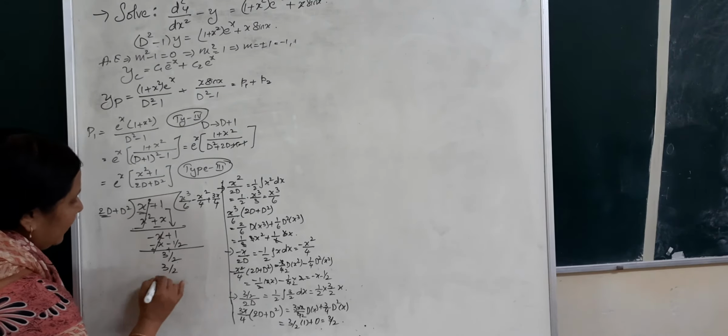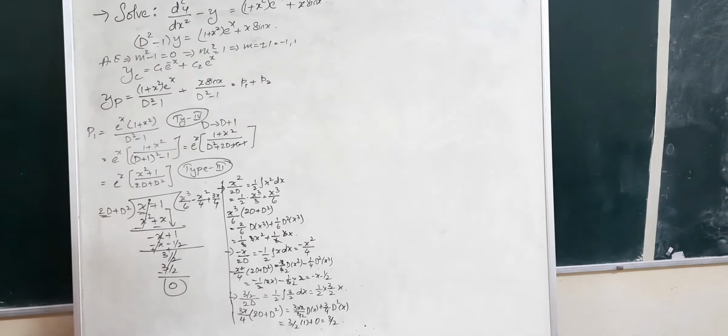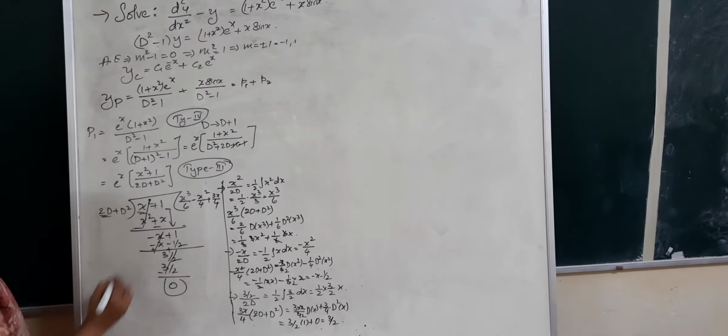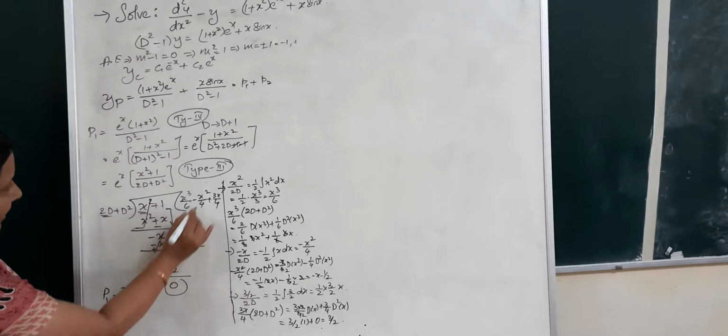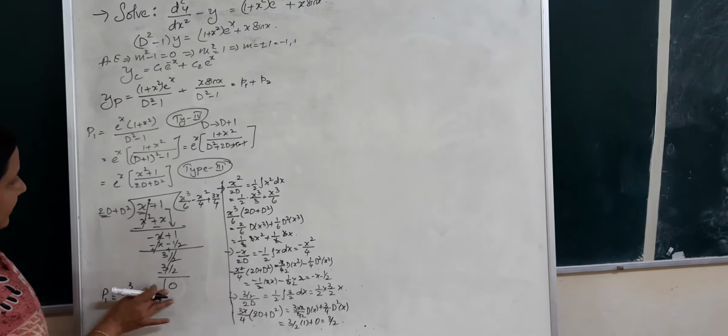So when you subtract it, you get a 0. Understood, guys? So that is how you get your first part. Therefore our P1 is equal to x cube by 6 minus x square by 4 plus 3x by 4.